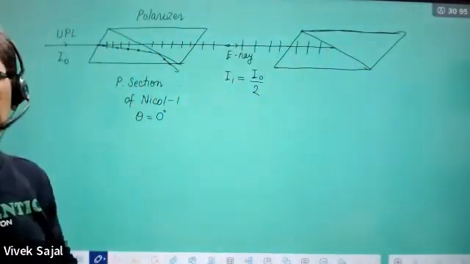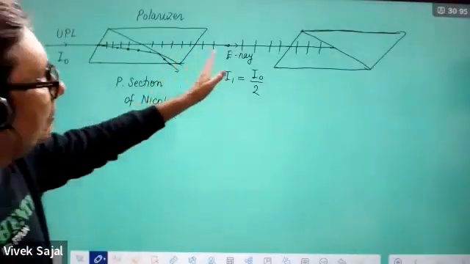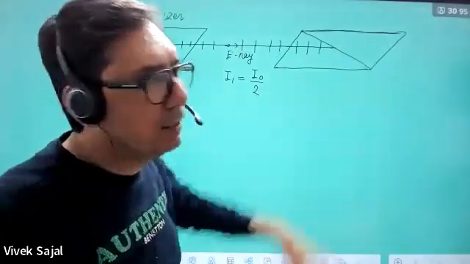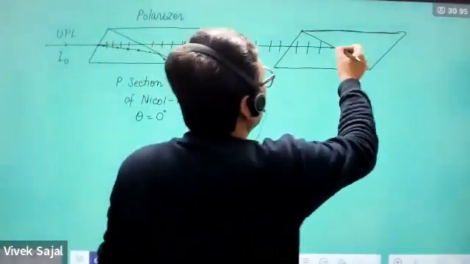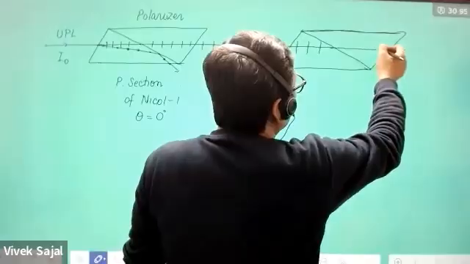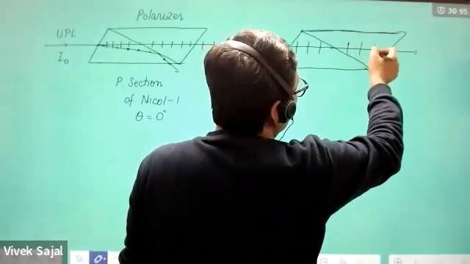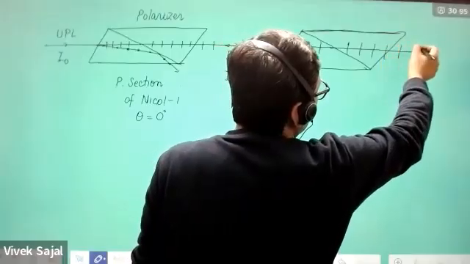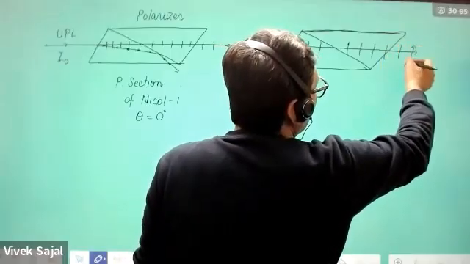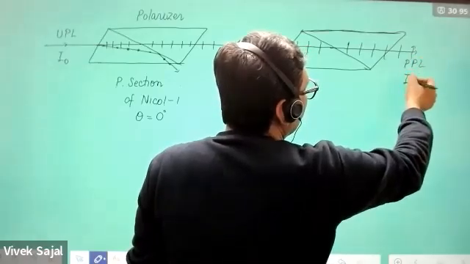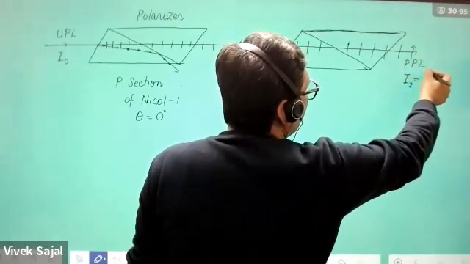Try to understand, because these electric vectors entering this Nicol are parallel to the principal section, this incident light is acting as E ray. And on this side, you will get E ray only. Plane polarized light you are going to get here. Intensity how much? I2, that will be I naught by 2.